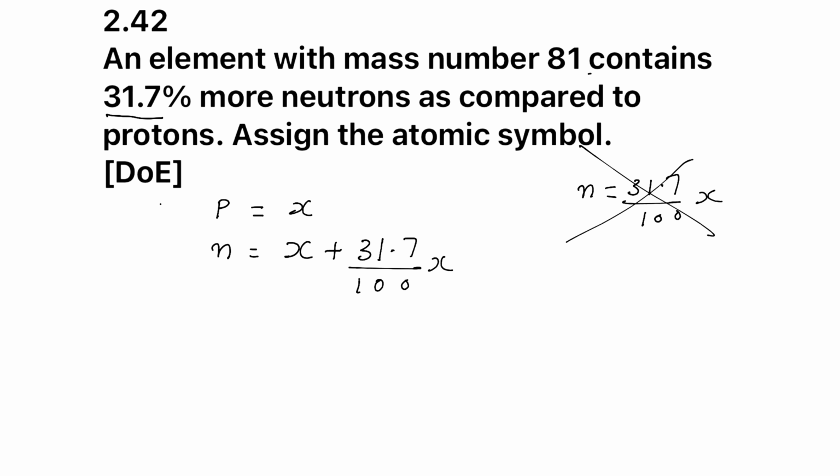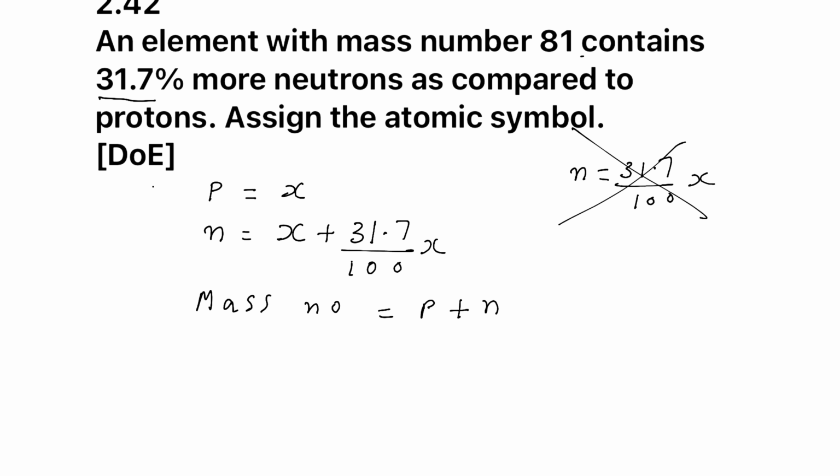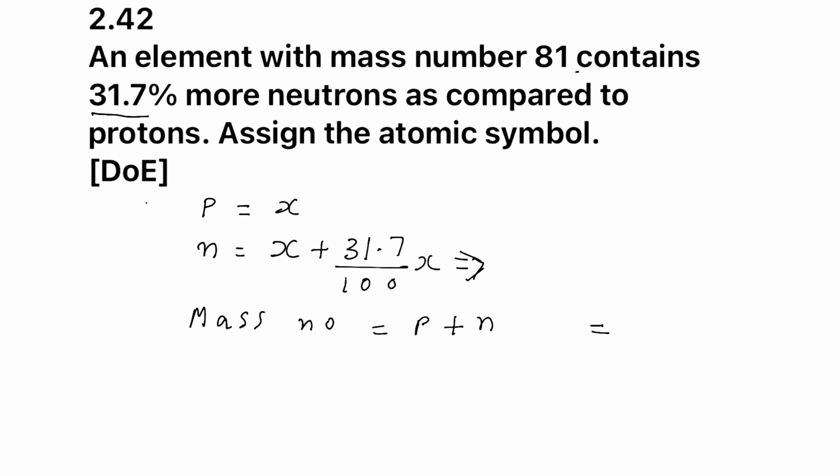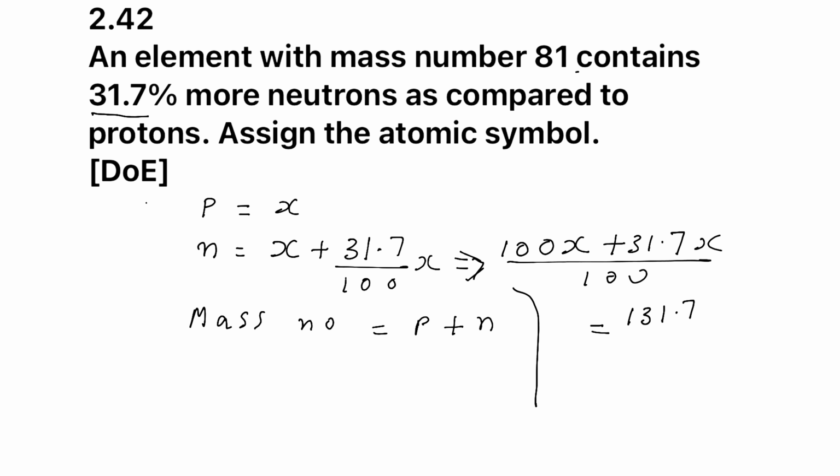Okay, now you know mass number is equal to number of protons plus number of neutrons. Correct? Now see, we can solve this part first. 100x plus 31.7x by 100. So what you will get? You will get 131.7x by 100, which is 1.317x.